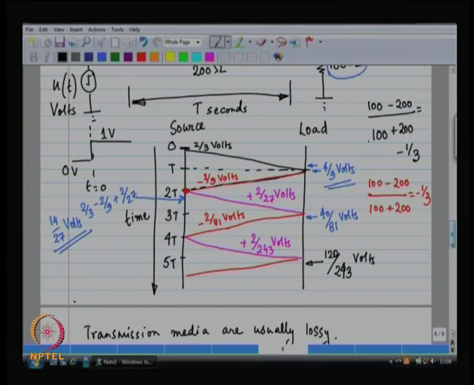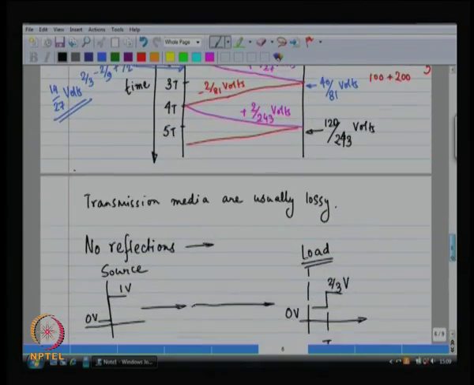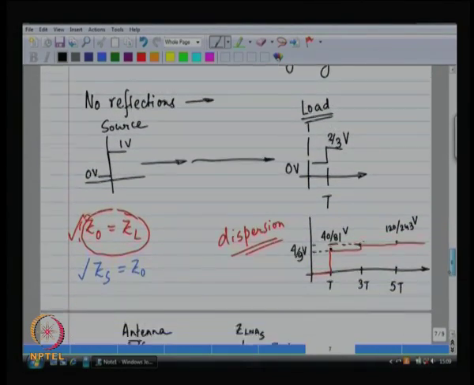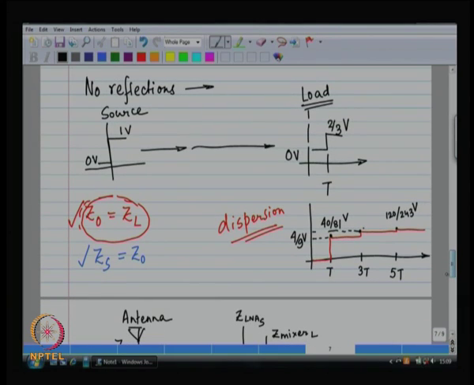So, it is like echoes. You say something, it echoes back from the wall, then it echoes from this wall, then again it goes there, keeps going back and forth. Okay. And we did some quick calculations, and we saw that these echoes are really no good. We do not like echoes.